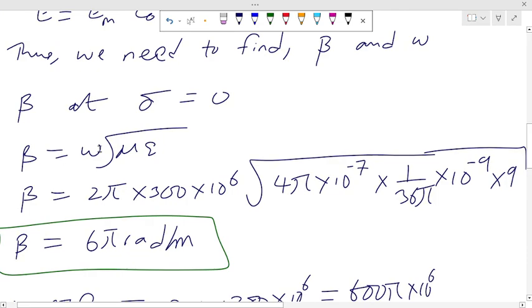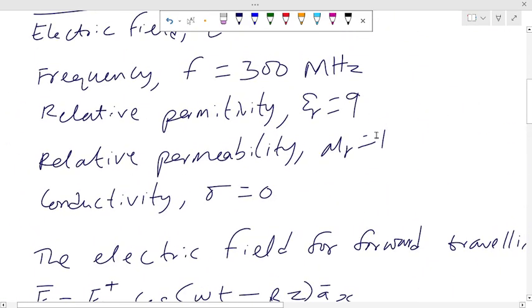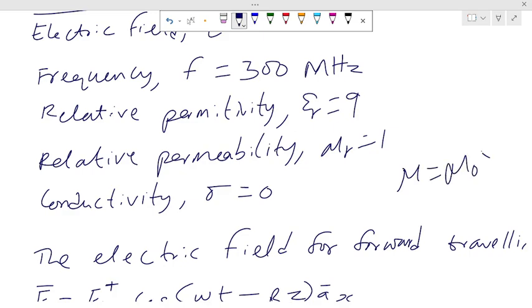Now you just plug in the values. This is for omega, this is for this guy. Note the relative permittivity is this, and the relative permeability is 1. Remember we said that permeability equals the permeability of free space times the relative permeability.